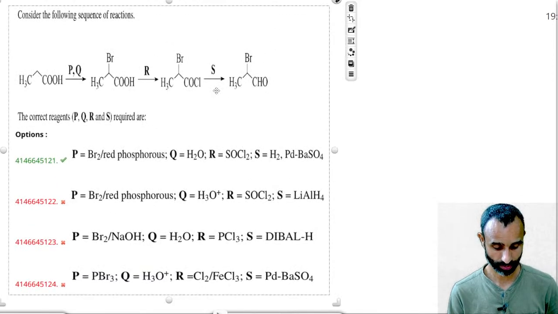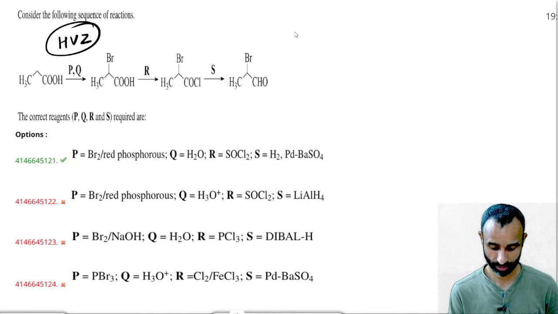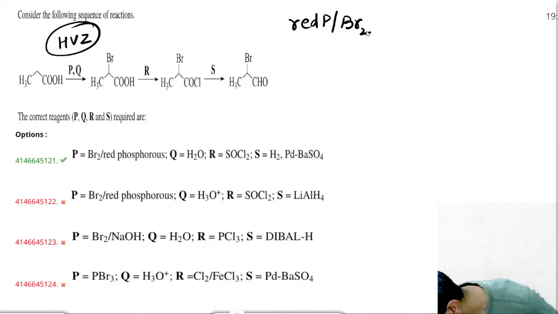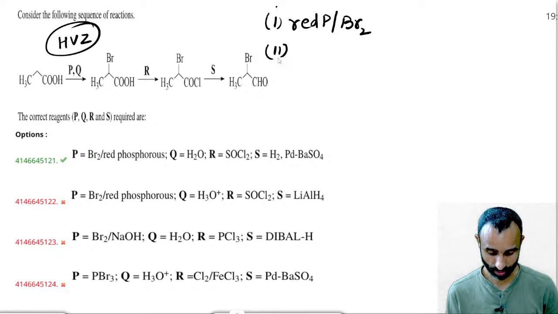CH3CH2COOH, and it is the HVZ reaction. We use red phosphorus and Br2, and then hydrolysis, right?